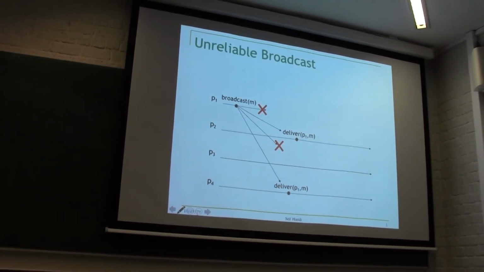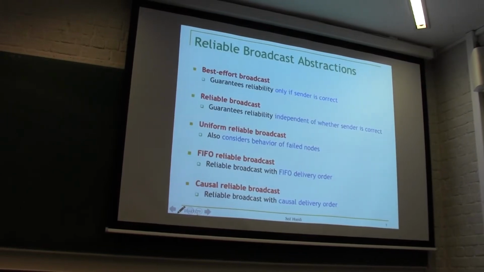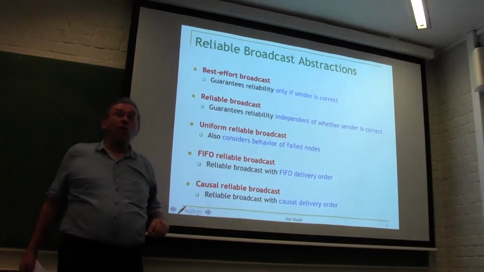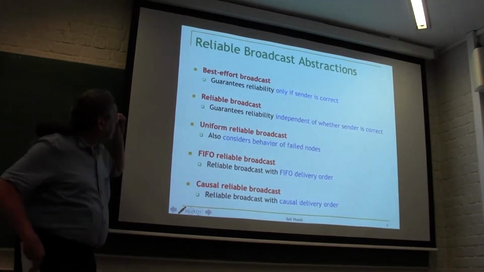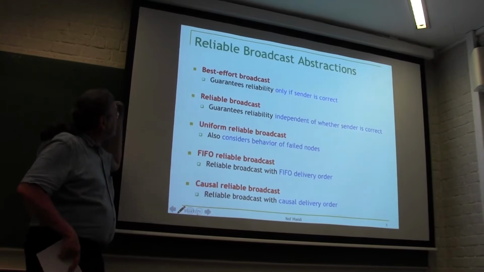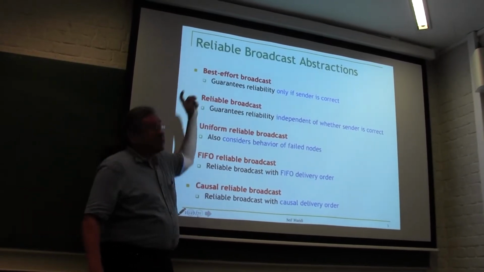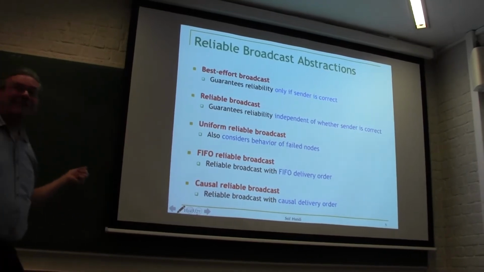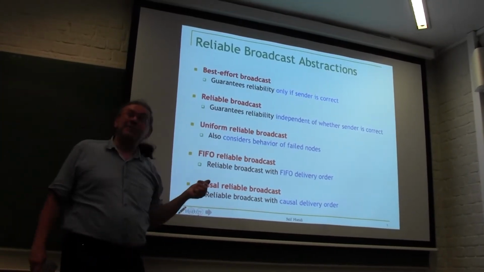We can actually make lots of nice versions, and there's a huge number of versions. You can see here five successively more powerful versions. The naive one is called best effort. Best effort, it's not really the best now. If I write a better algorithm, it's better.